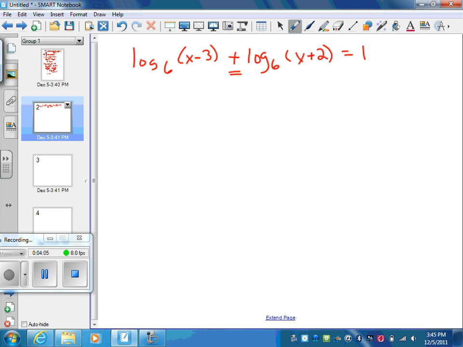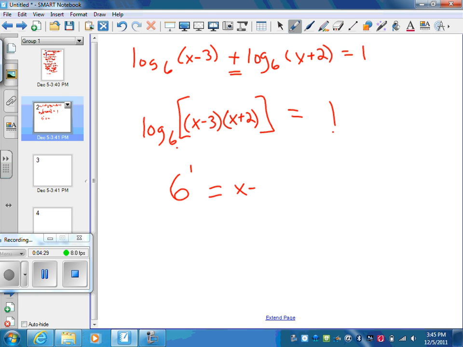That means I'm using the product rule: log base 6 of x minus 3 times x plus 2 equal to 1. Okay, so using the definition of the logarithm, I know that 6 to the power of 1 is equal to x minus 3 times x plus 2.